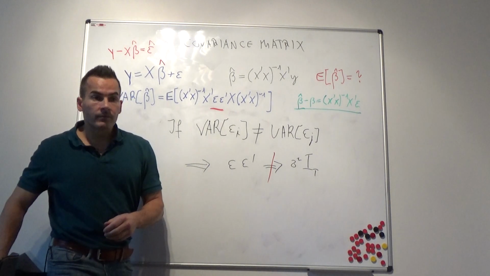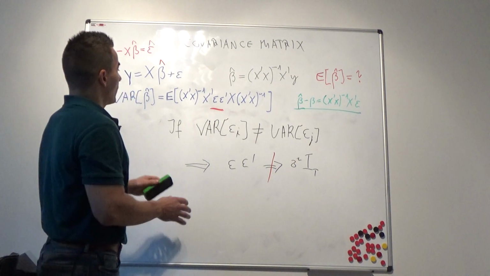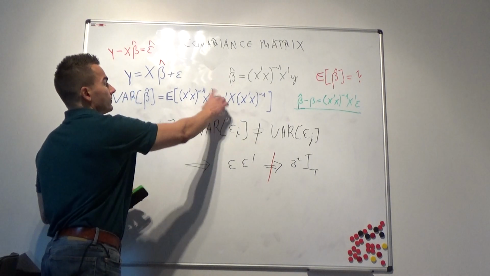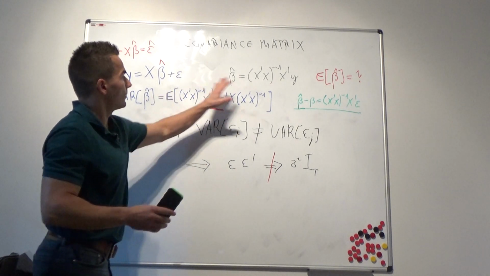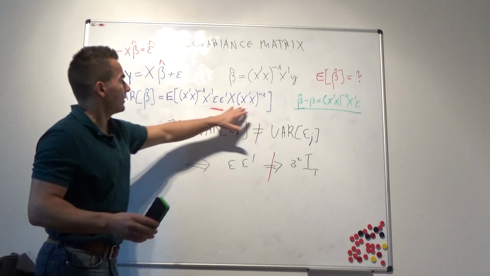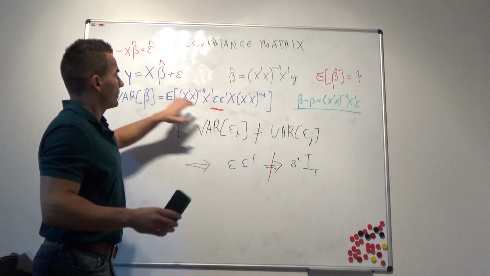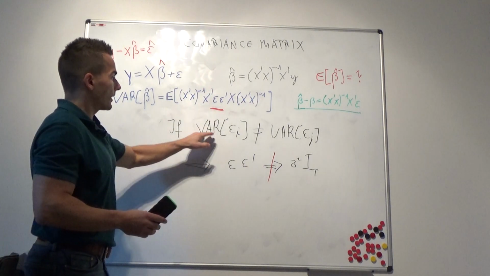This in turn means that our calculation ends here. This is then basically our estimator for our covariance matrix, if this is the case.